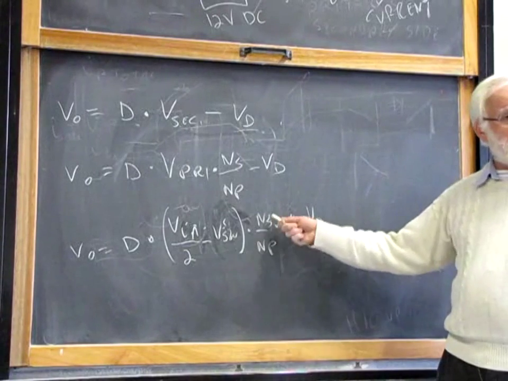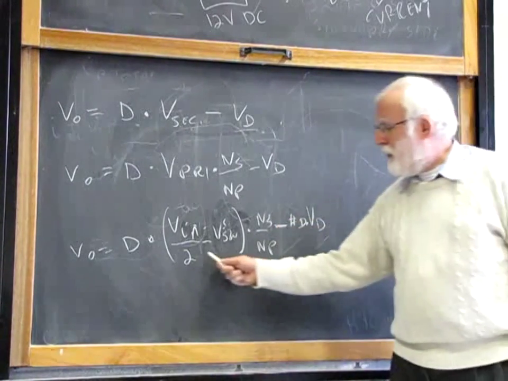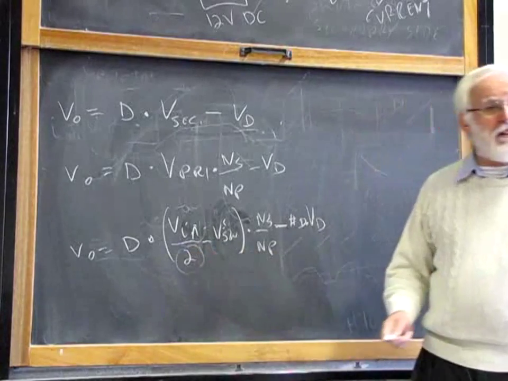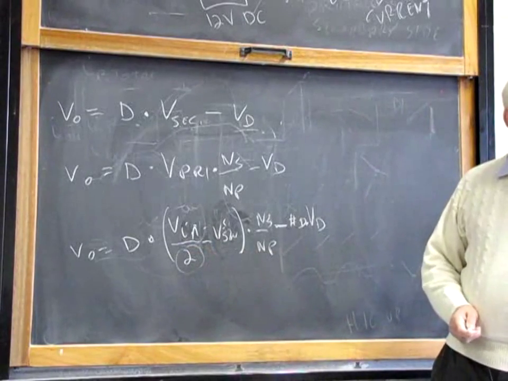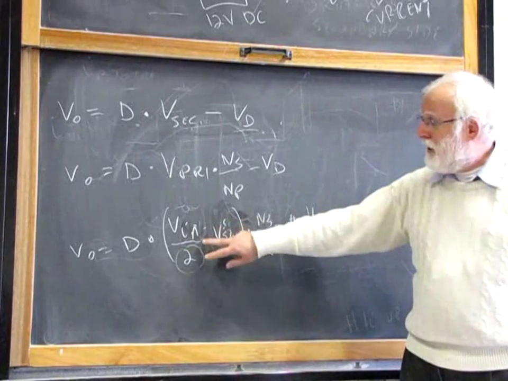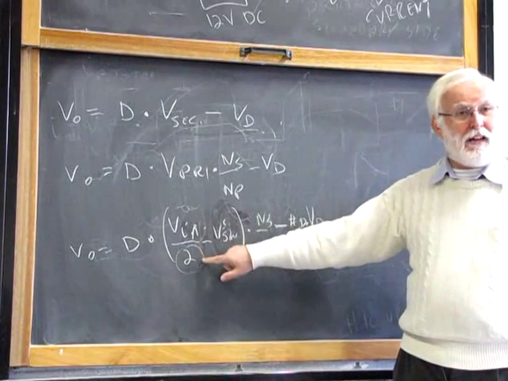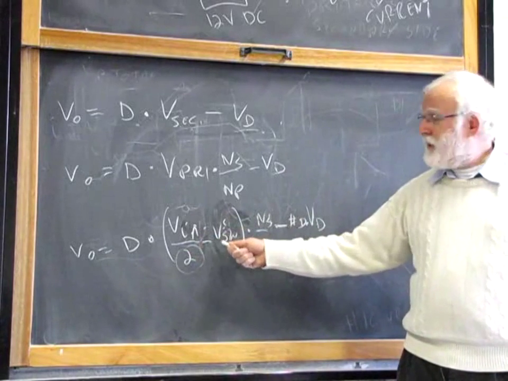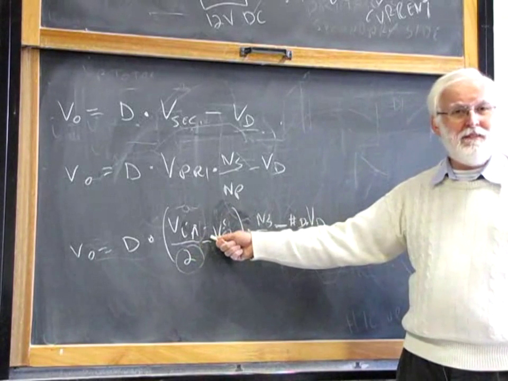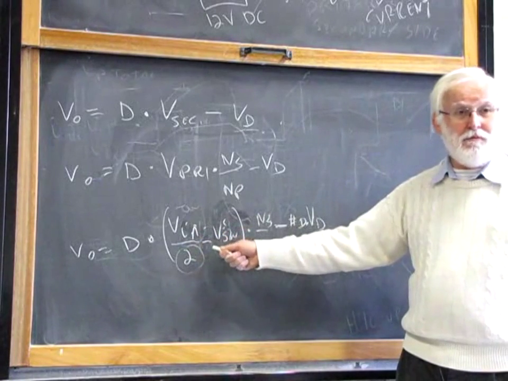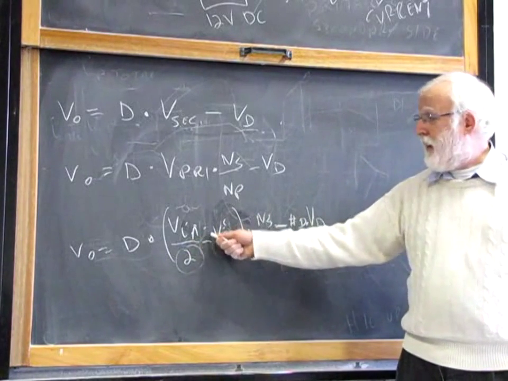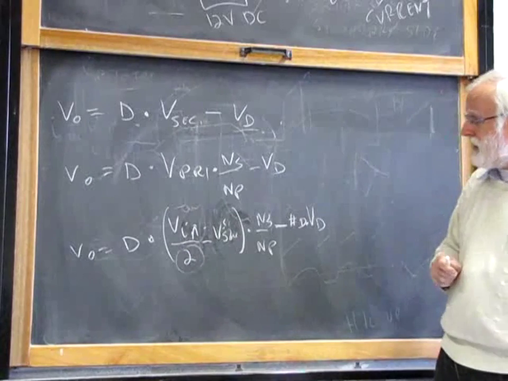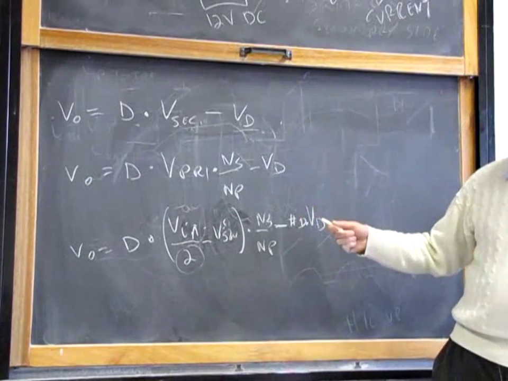And the Ns over Np was the same. What changed was this factor was not there, because in a full bridge we apply the full input voltage to the primary. Here we apply only 1/2 of it. And in a full bridge, there was a coefficient of 2 for the number of switches in series. Here we have only one, over there we have 2 switches. But the equation is still the same.